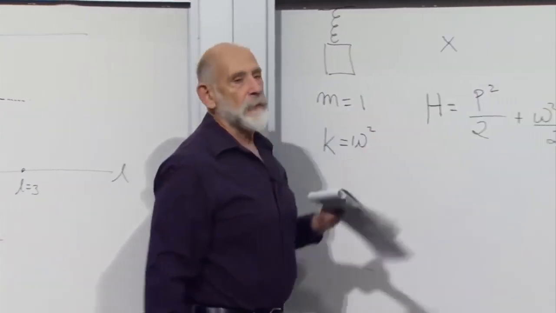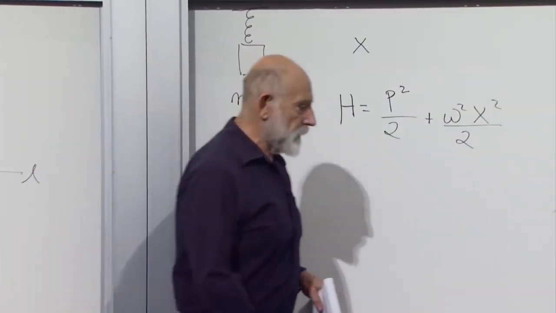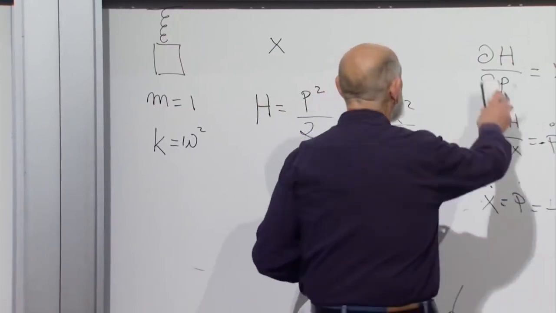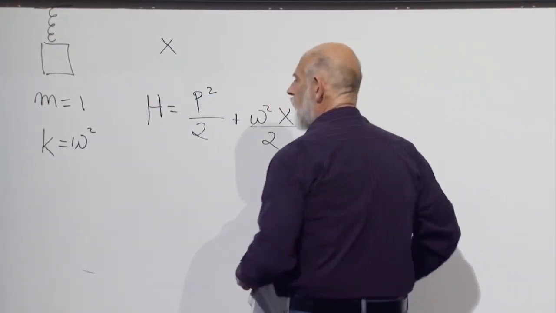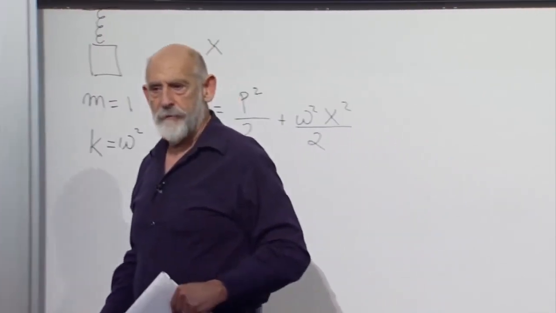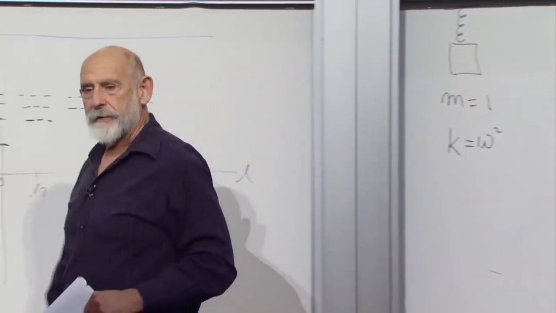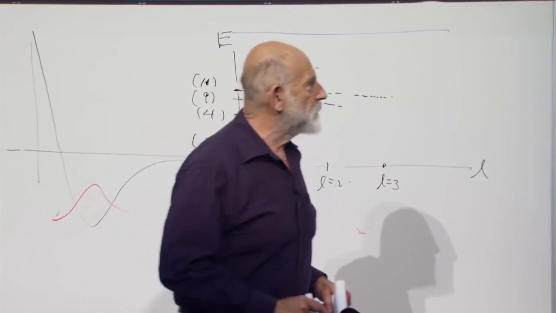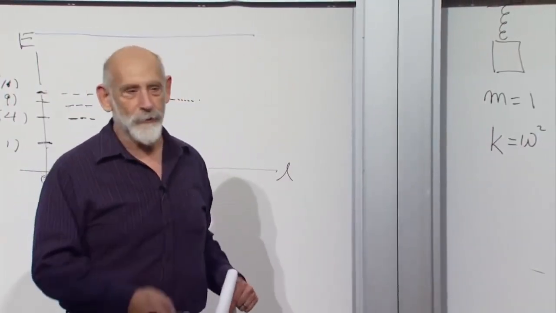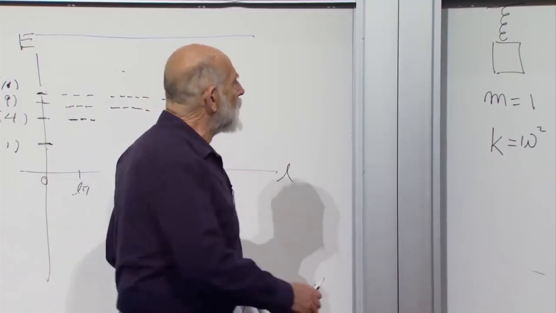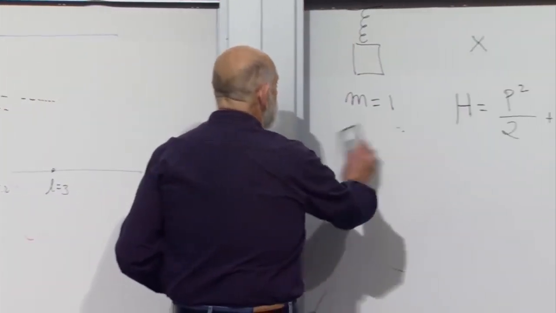So this is the right Hamiltonian for the harmonic oscillator. And now what we want to do is find all its energy levels, eigenvectors, and find out what it does quantum mechanically. Classically, we know what it does. It swings back and forth with frequency omega. Okay, let's see what we can do with it.